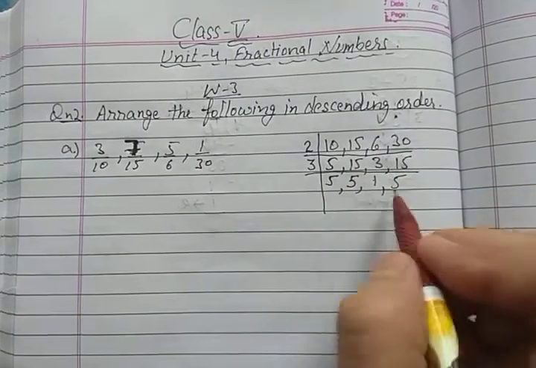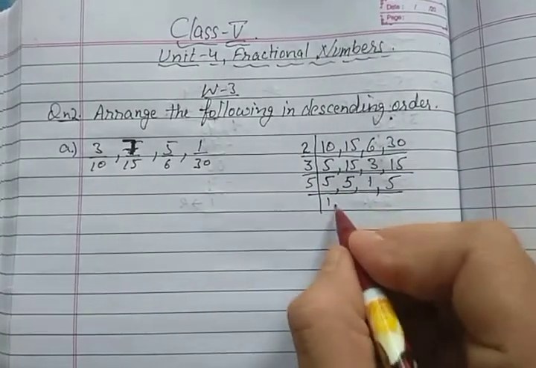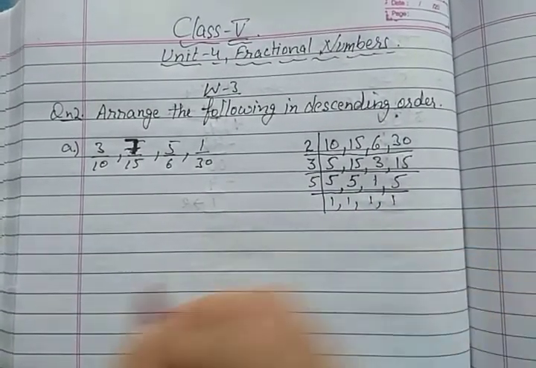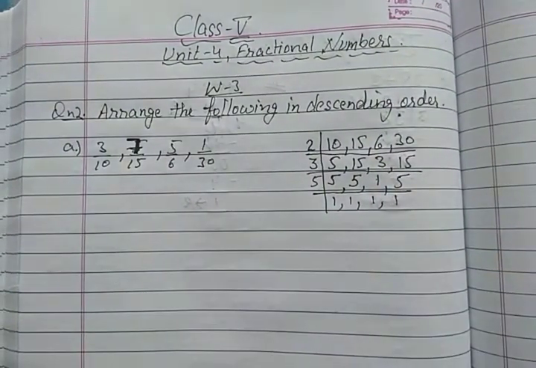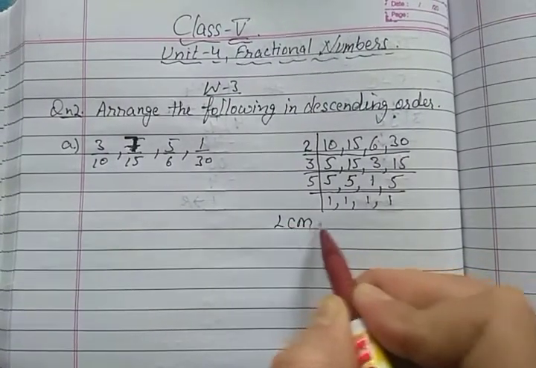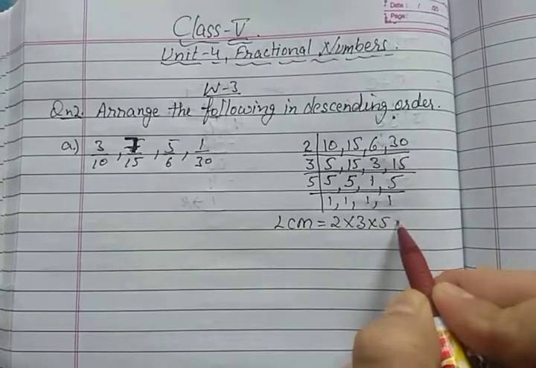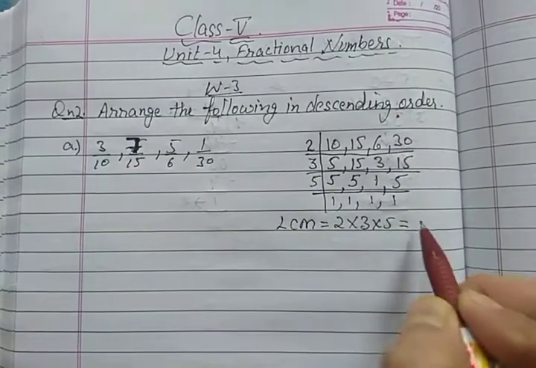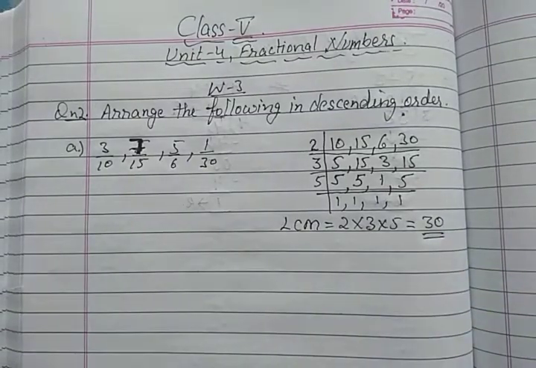Now all are 5, and 5 is a prime number, so we will divide by 5. 5 1s are 5, 1 is 1, 5 1s are 5. So at last all the numbers are 1. So our LCM is 2 into 3 into 5, that is 2 3s are 6, and 6 5s are 30. So our LCM is 30.